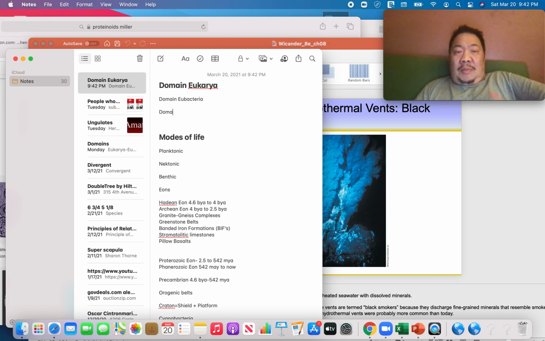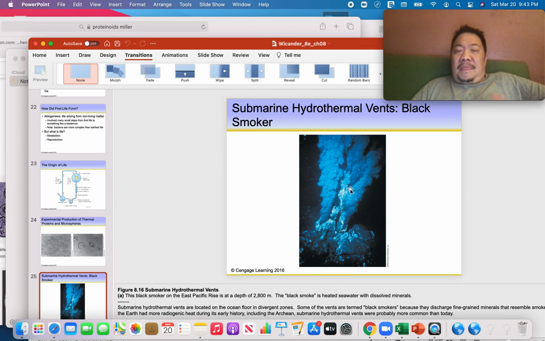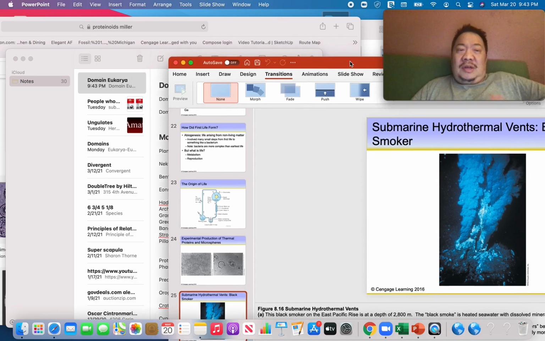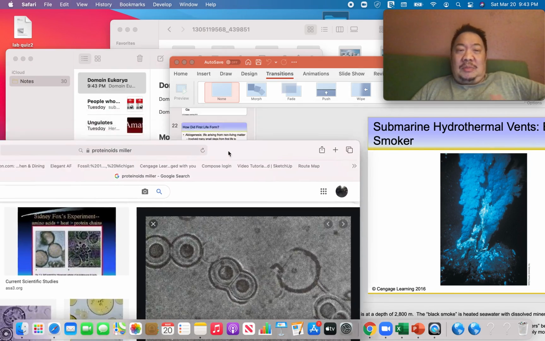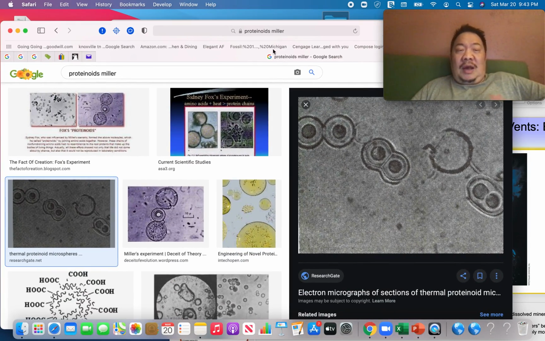And then the domain Archaea, we haven't talked about it. Archaea in Latin means ancient form of life. This is an ancient form of life. And these tiny little creatures live in this boiling hot water. No one had thought that that would be possible, that something could live in boiling hot water like that.